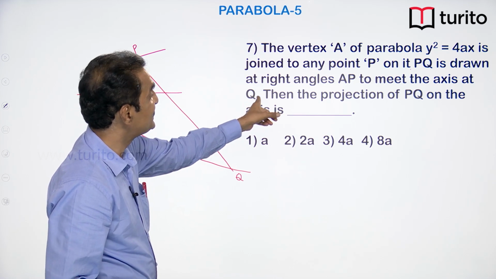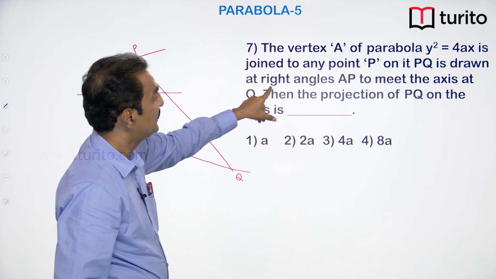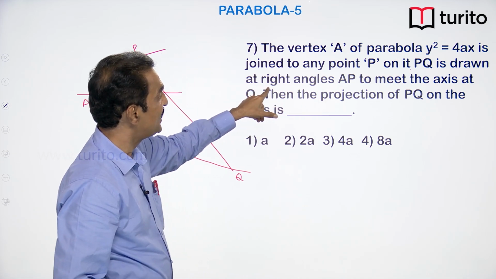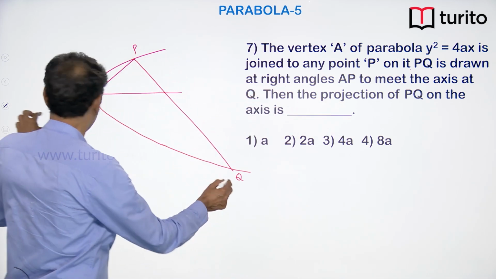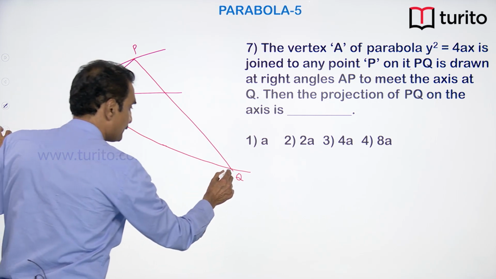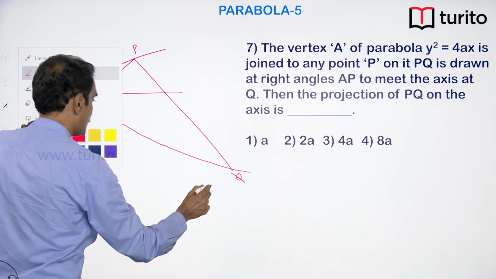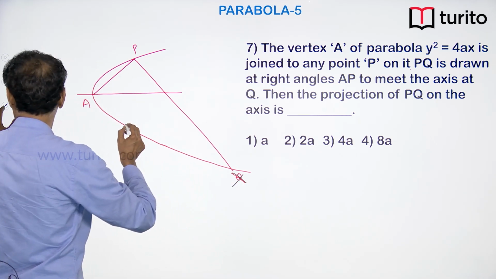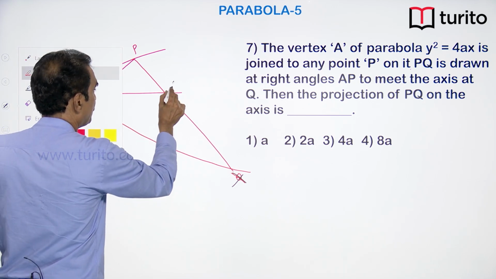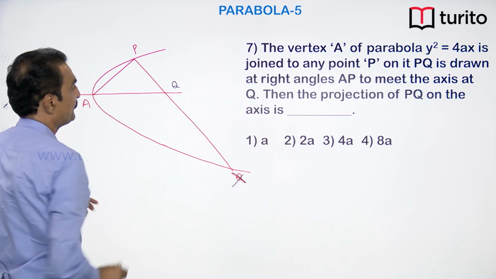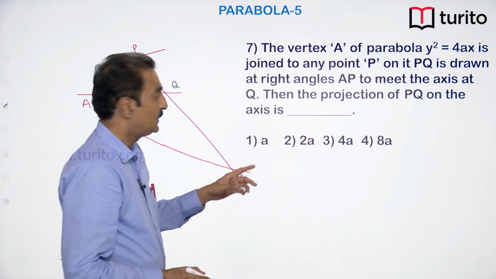To meet the axis at Q, not this one. PQ is drawn at right angles to AP to meet the axis at Q. So this is not Q. This is Q. Okay.